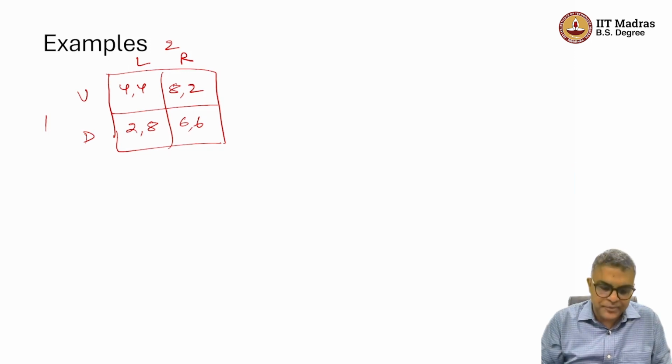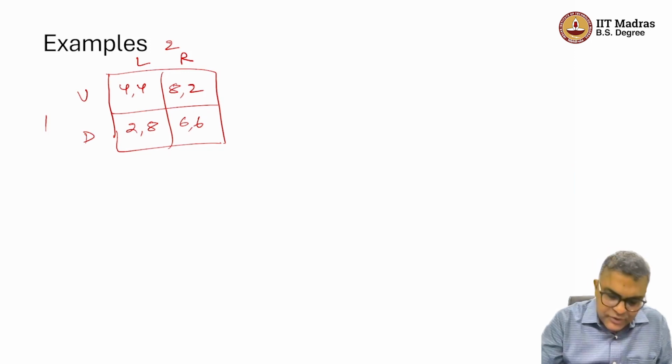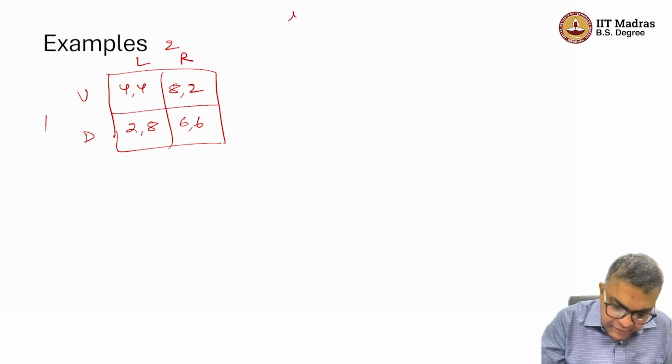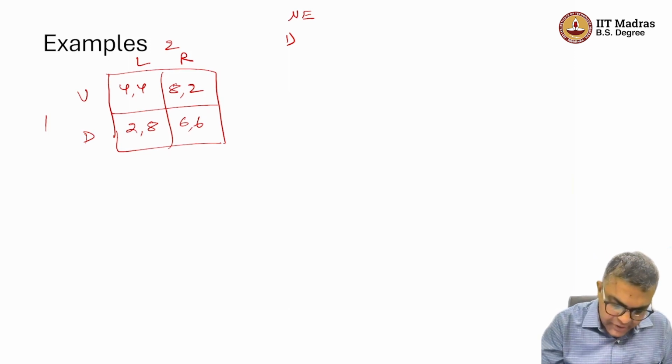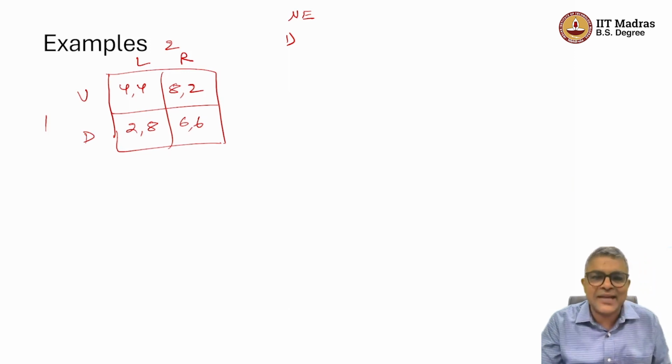So how can we obtain it? Now there are two ways to obtain Nash equilibrium. One way is to hypothesize that a particular strategy profile or action profile is Nash equilibrium, and check whether they can become better off by deviating or not.